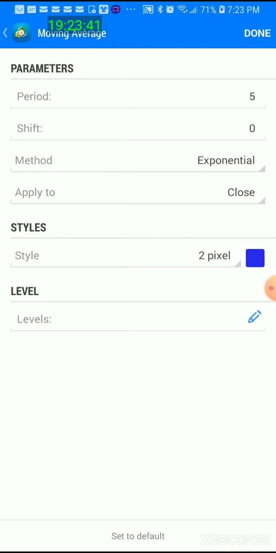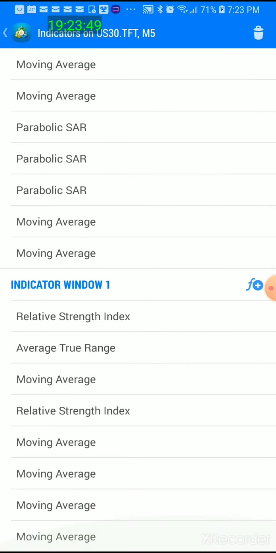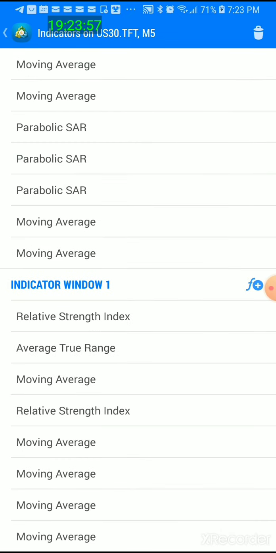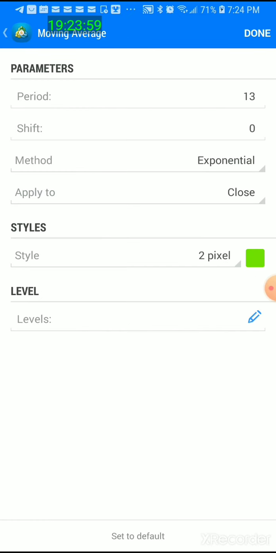Moving average 5, exponential close, and it's blue. 8 exponential close, pink, 2 pixel. 13 exponential close, green, 2 pixel.